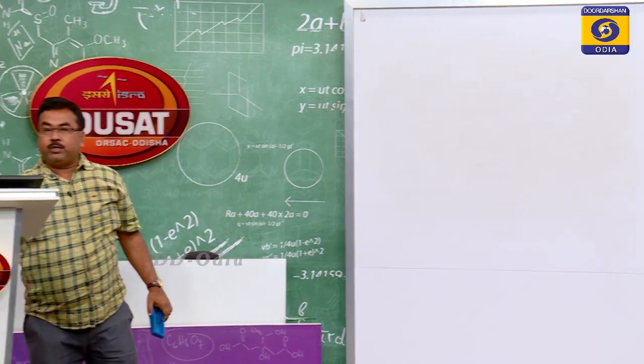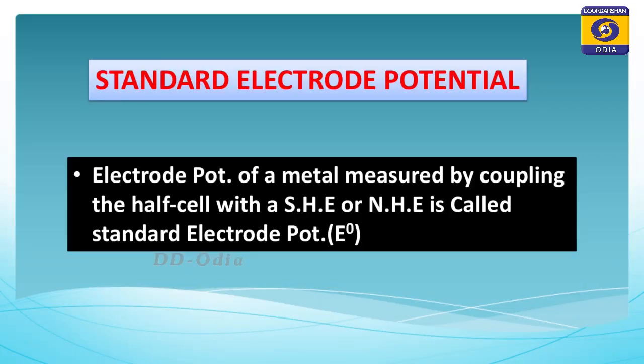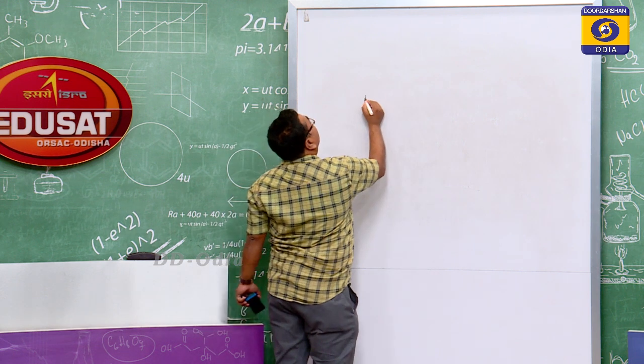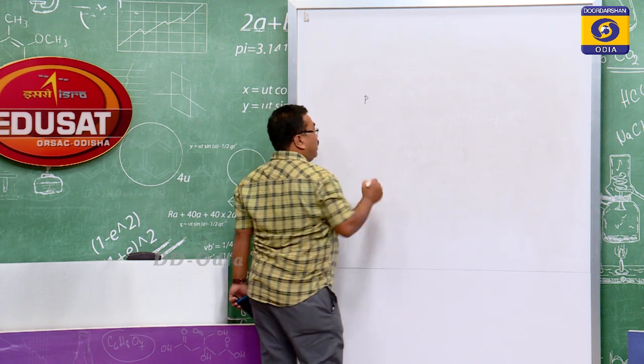In the next slide we shall go to the standard electrode potential. I have already told you we can measure standard electrode potentials by coupling an electrode suitably with a standard hydrogen electrode, SHE, or we call it a normal hydrogen electrode. Suppose we need to calculate the electrode potential of copper. So, what will we do?